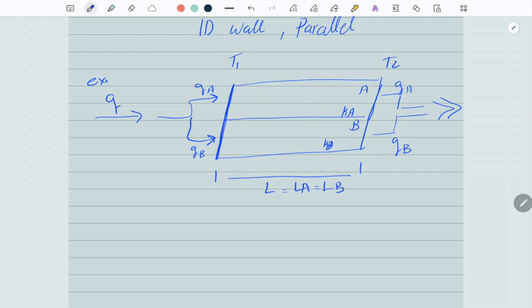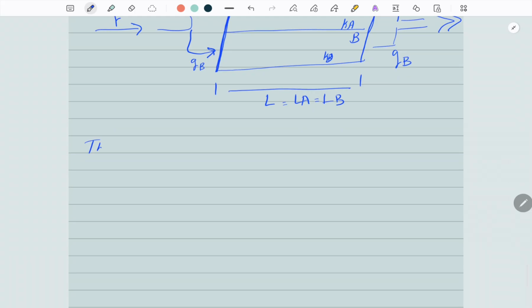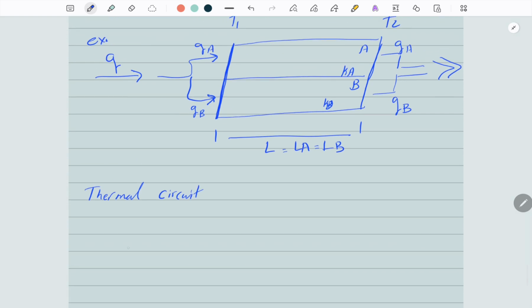So to start solving this example, step number one is to convert the schematic we have here into a thermal circuit. So let's draw that out. The first node is T1. T1 is being broken down into two paths.